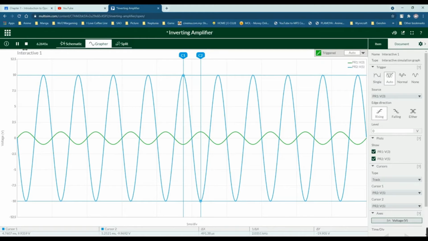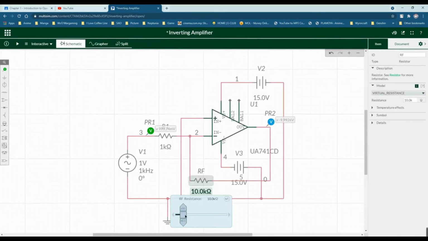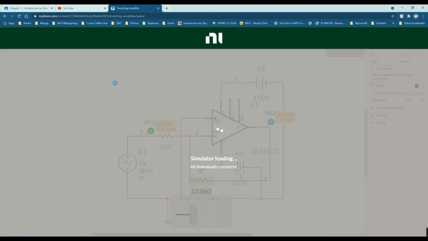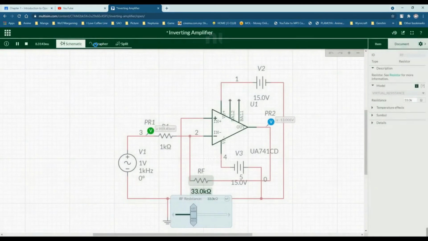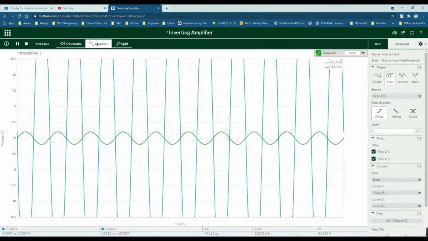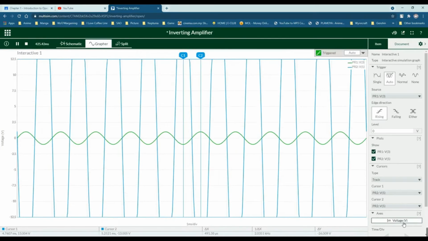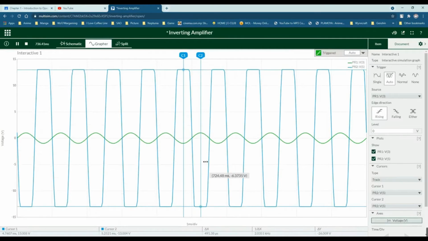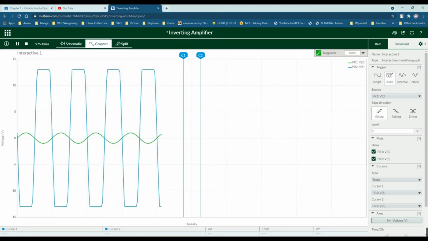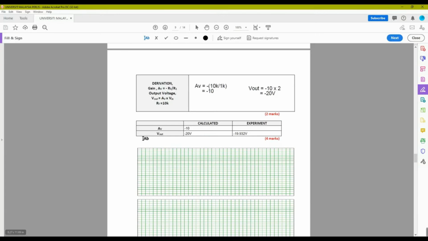Let's try again with a different RF value. We increase the value to 33 kilo ohm. Now that we have increased the value, we expect it to become much bigger than the previous result.